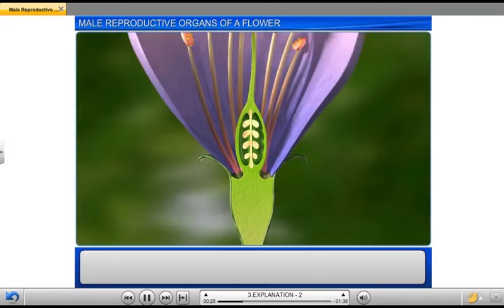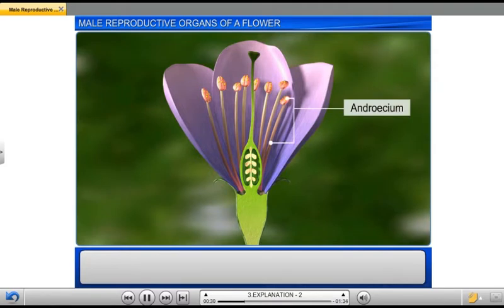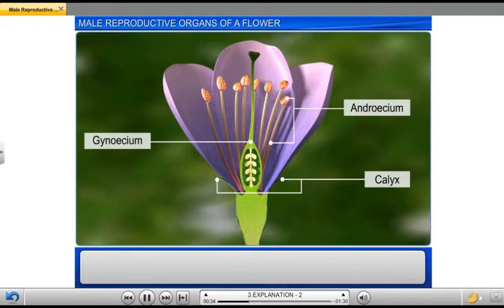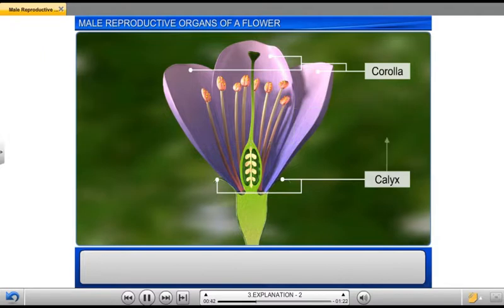The whorls include the androecium, gynoecium, calyx, that consists of sepals, and lastly, the corolla, comprising the petals. The calyx and corolla, referred to as the perianth, are bright and colorful to attract insect pollinators.